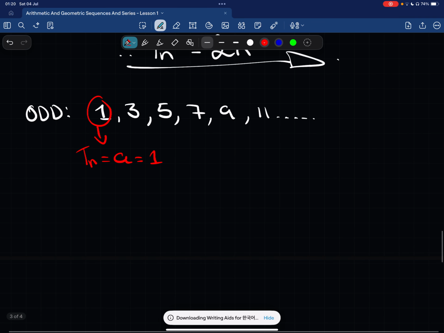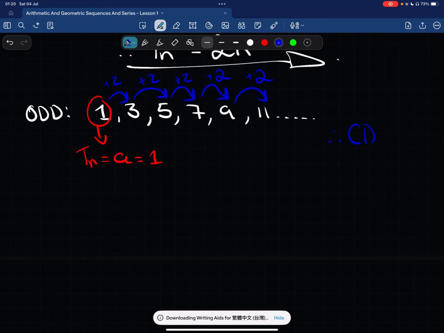And now let's try and find a constant difference. 1 plus something is 3, which is the same as 3 minus 1, which is plus 2. 3 plus 2 is 5. 5 plus 2 is 7. 7 plus 2 is 9. 9 plus 2 is 11. Therefore, our constant difference is equal to 2.